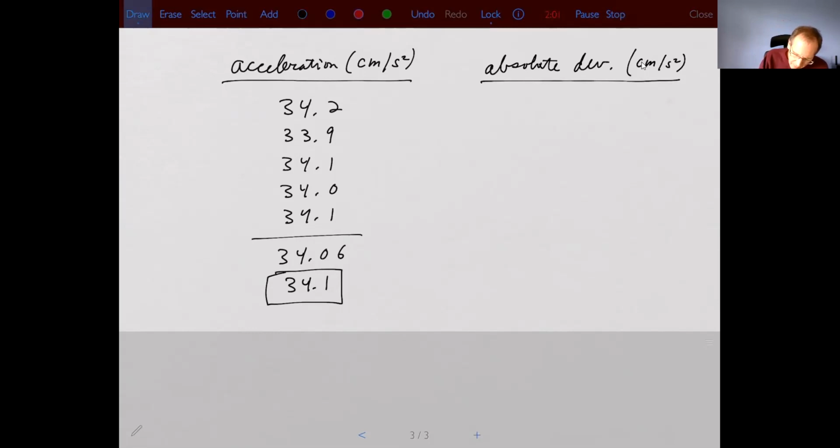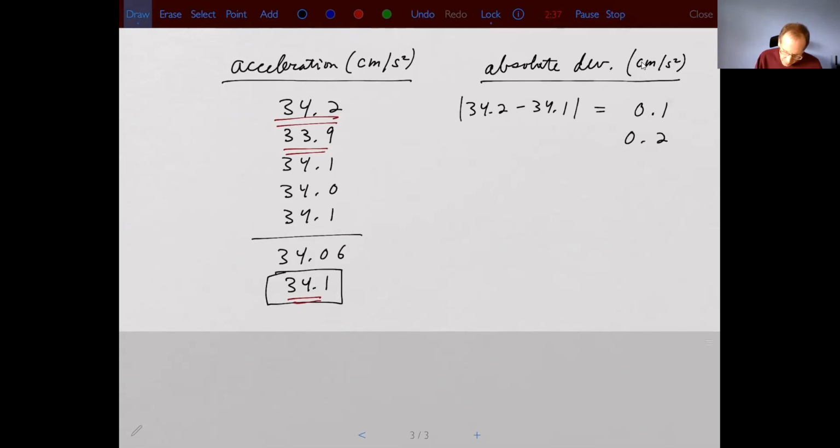In this case, it'd be how far 34.2 is away from my mean, and how far 33.9 is away from my mean. So you subtract them, but then you take the absolute value. So it was basically 34.2 minus 34.1, absolute value. So that's going to be just 0.1. But usually you can do this in your head. 33.9 minus 34.1 is negative 0.2, then the absolute value is going to be 0.2.